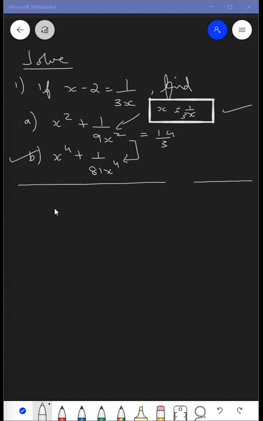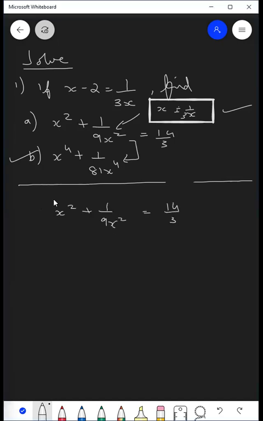Ishan, that is correct. Ananya, let's solve the second one. So x raised to 4 plus 1 upon 81x to the power 4. First, what do we know? First, we need to write that down. We know that x squared plus 1 upon 9x squared is equal to 14 upon 3. So I square both sides.